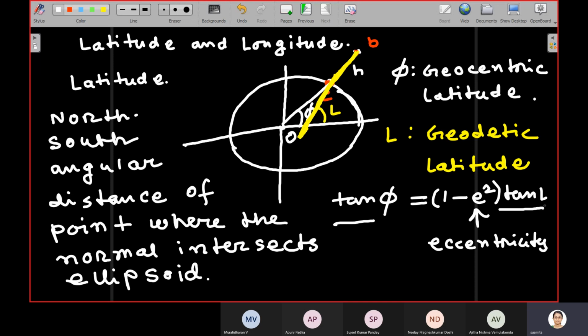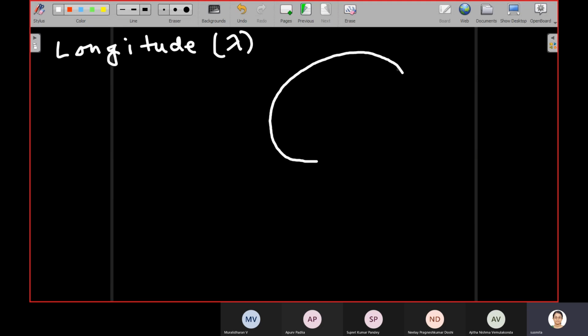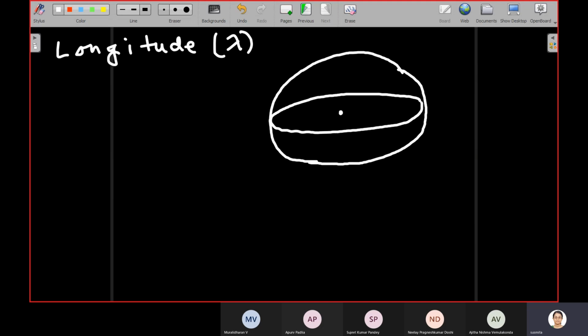Next, we will formally define longitude. And the notation is lambda. We have the reference ellipsoid, and this is the equatorial plane. This is the center of the ellipsoid. This is the earth spin axis or z-axis.